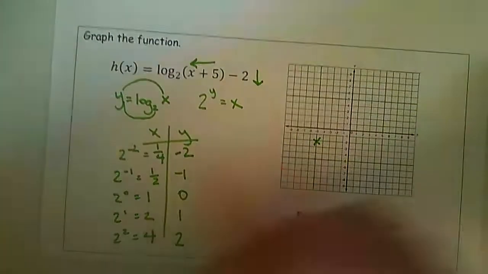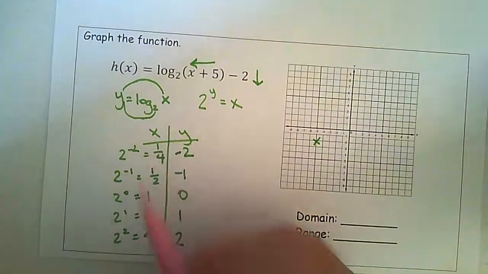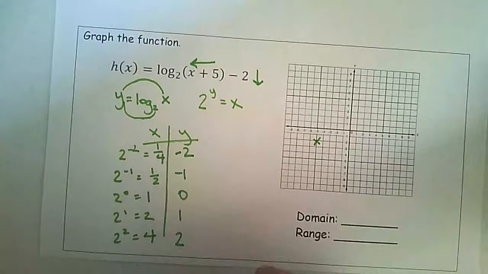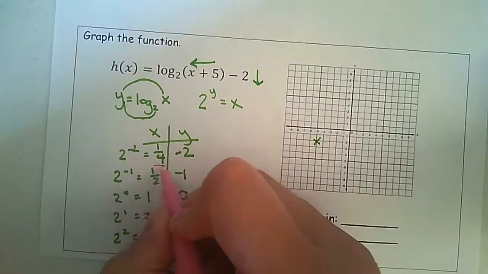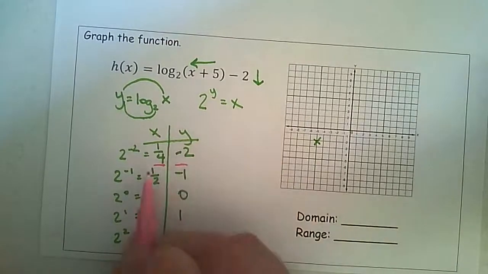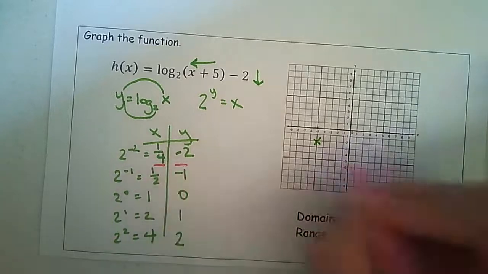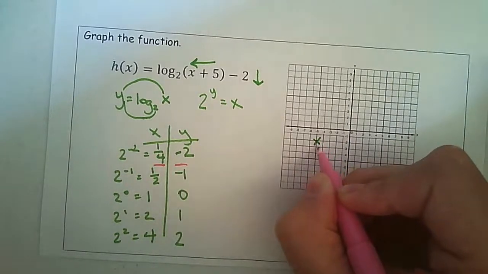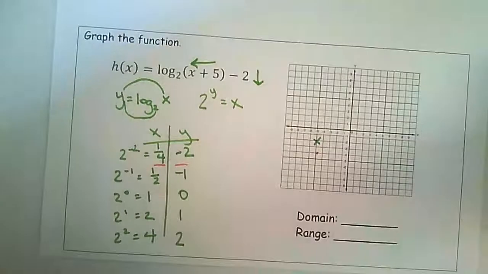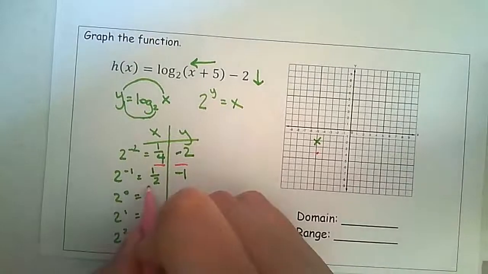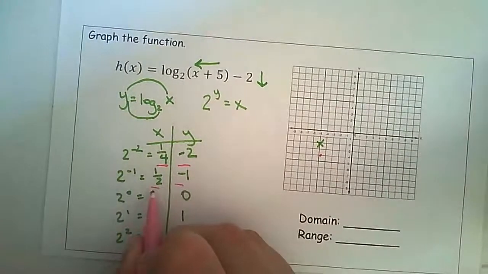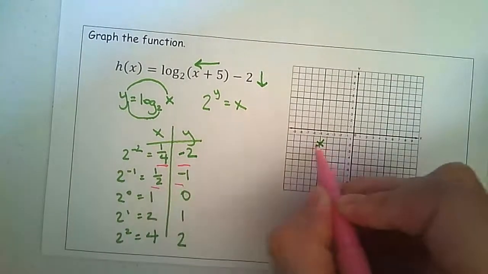All right, so again, x values tell us how far left or right we're moving, and y is how far up or down. So this is saying from my new origin, I need to go right 1/4, down 2. So from my origin, right 1/4, down 2. This one, I need to go right 1/2, down 1.